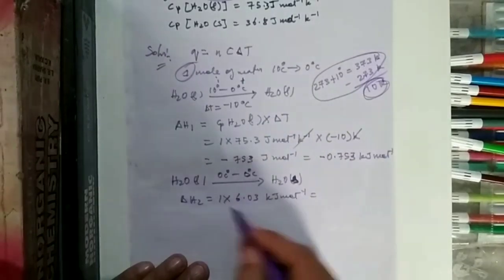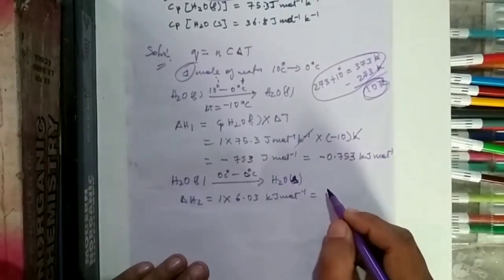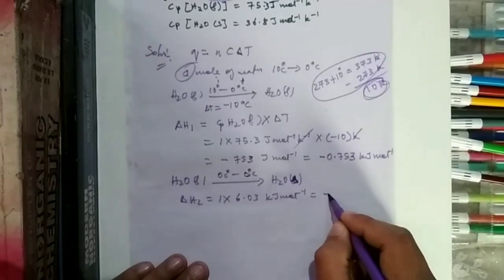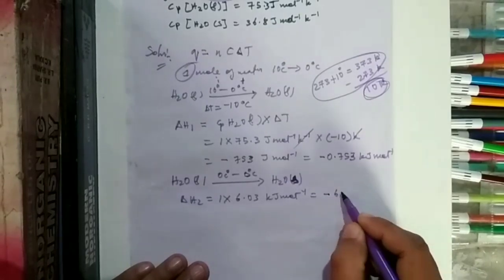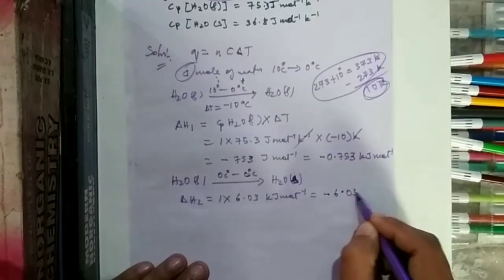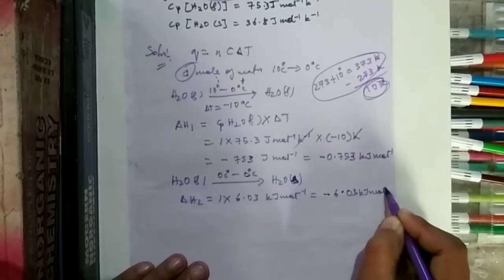Now we are getting the same value, so let's convert it into kilojoule. So minus 6.03 kilojoule mole inverse.